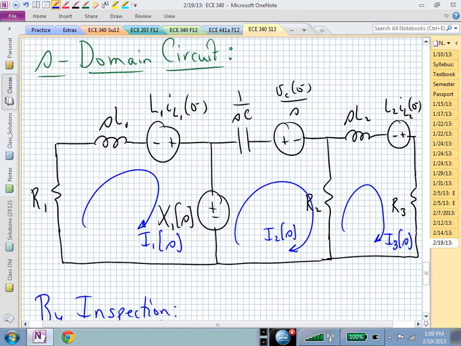I can now say Y sub 1 right there. And that's capital Y sub 1 of S. And Y sub 2 is that voltage drop.